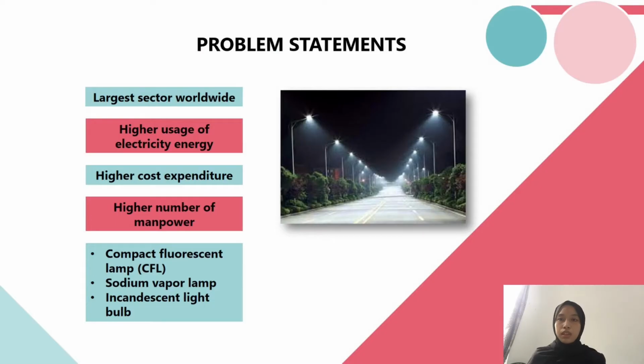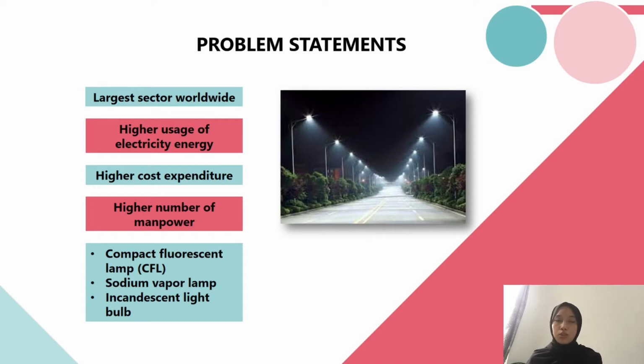My name is Nurul Akila binti Abdul Ghani, and today I'm going to present on the problem statement and also objective. First of all, for the problem statement, lighting is currently one of the largest sectors worldwide, where lighting accounts for about 20% to 30% of the use of energy.